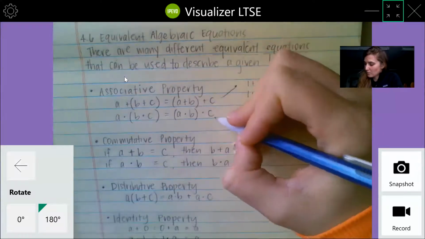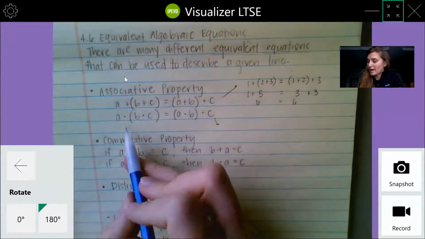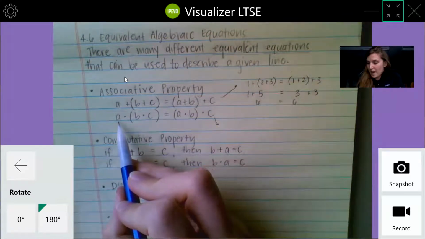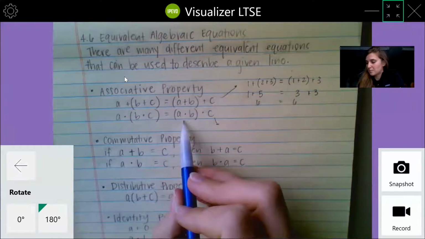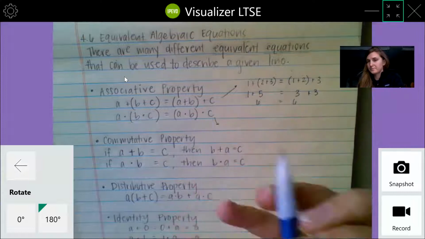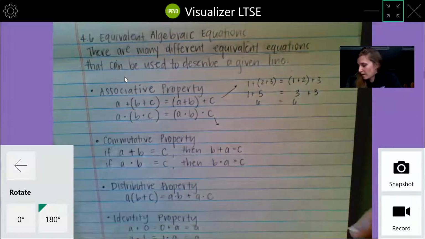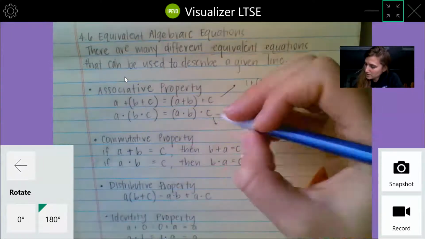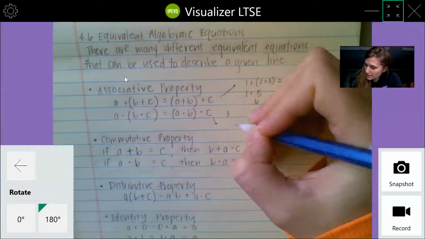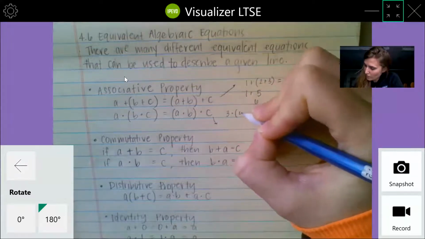And then the same thing with multiplication. We can say (A times B) times C, or we can say A times (B times C). So for that, again, let's choose a couple of numbers. So let's say we have (3 times 4) times 5.